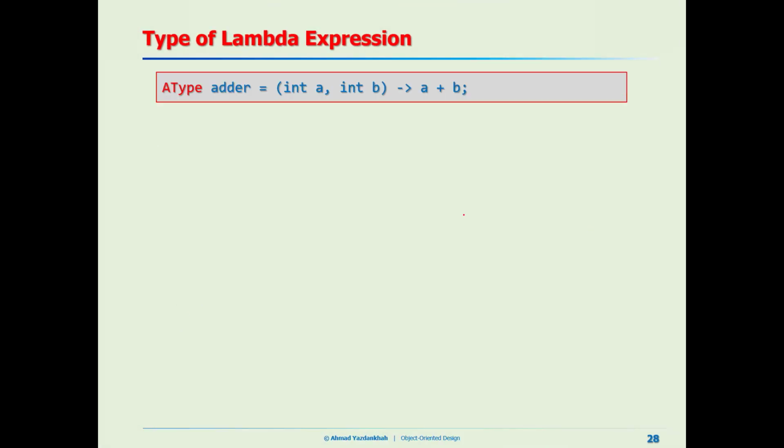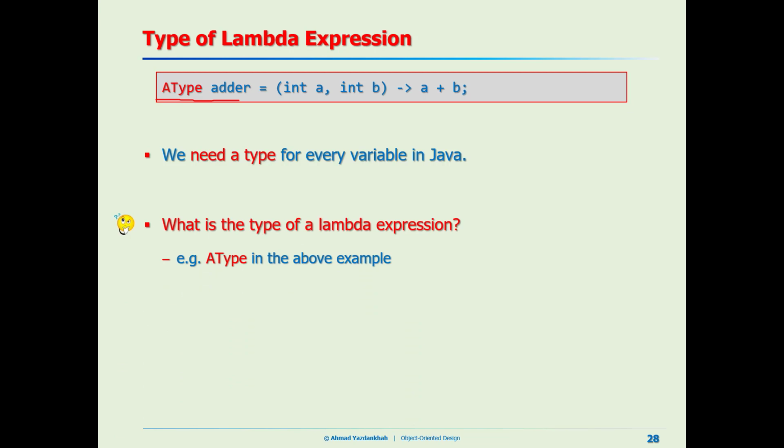Okay, so now let's get back to our second question. What is this type here, right? As we said, in Java, we need a type for every variable. So what is the type of the lambda expression? That's a very important question.